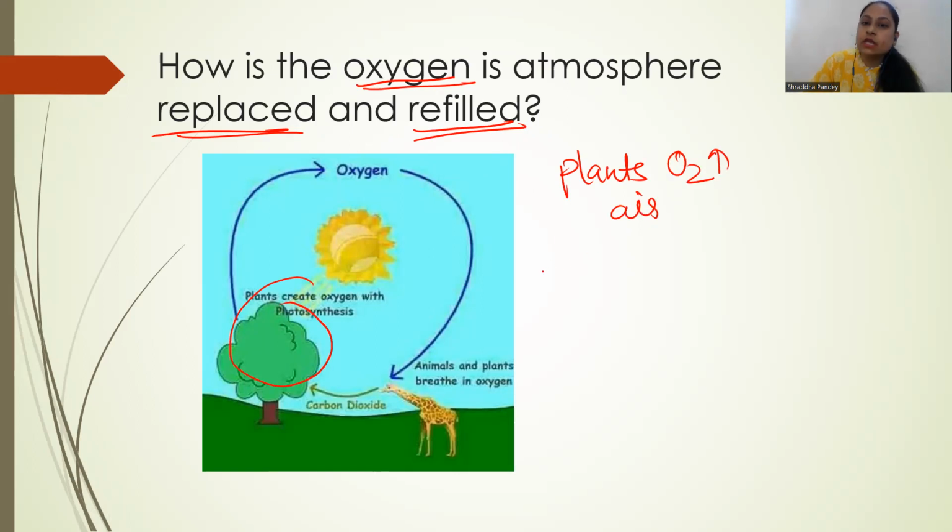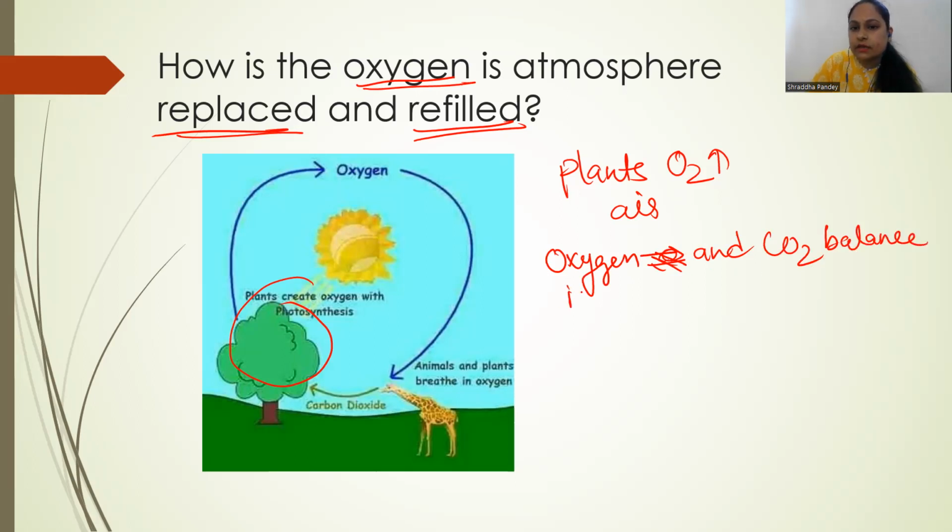So this oxygen and CO2, that is carbon dioxide, balance is maintained by which process?